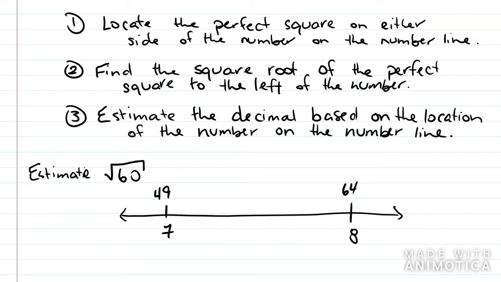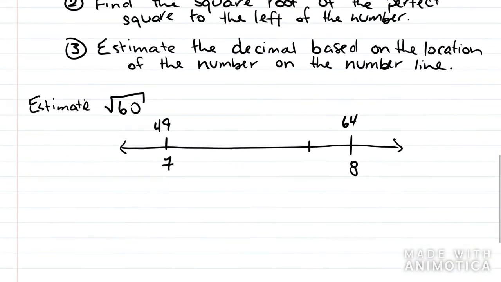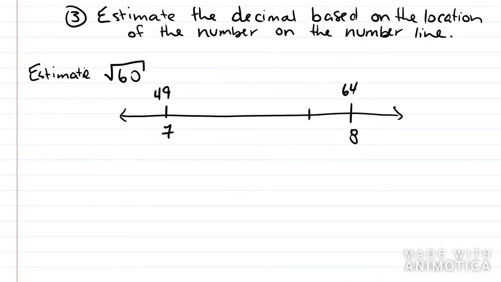So we know we're pretty good. So now where is 60? Is it going to be closer to the 49 or is it going to be closer to the 64? Well, I think it's going to be quite close to the 64. So what am I going to estimate?